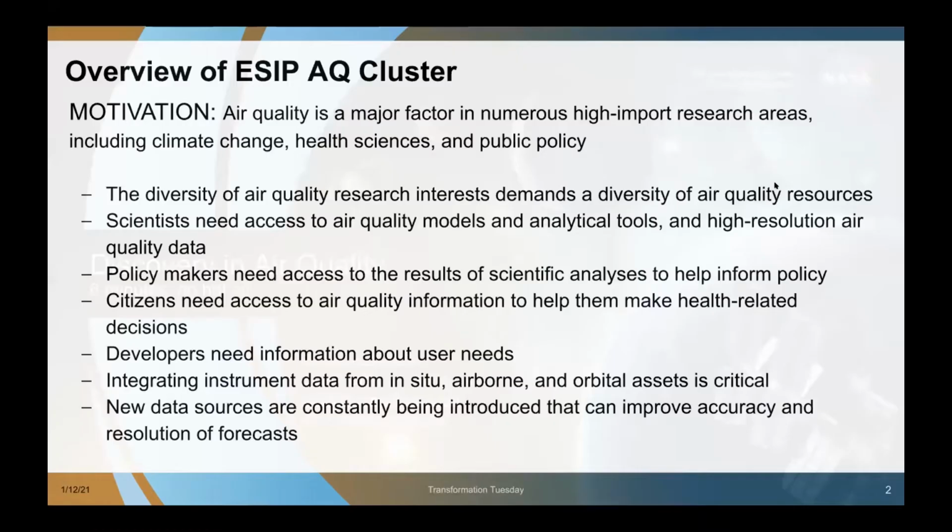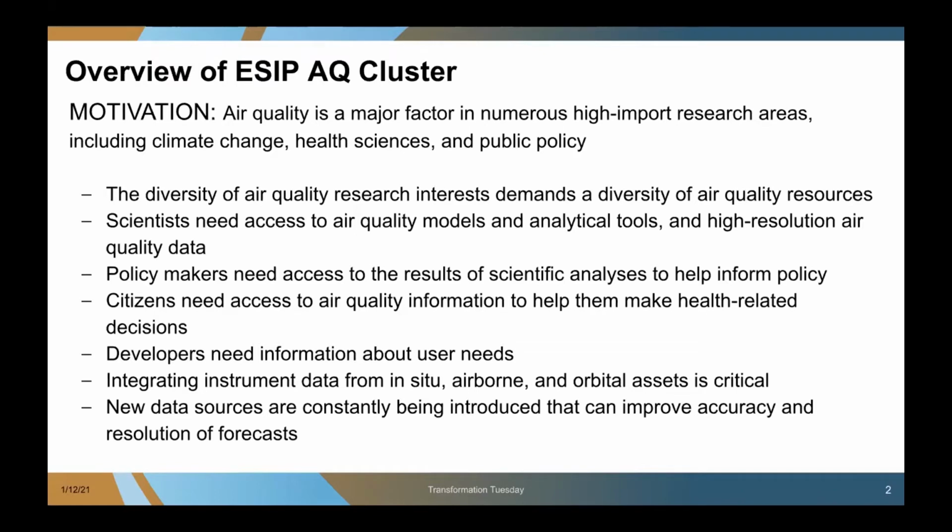The air quality cluster is motivated by the fact that air quality affects all of us. In some areas, it's even more impactful than a lot of the other features of the environment. And that's the reason that there are air quality sensors on the roof of the US Embassy in Beijing. But the air quality community, the end users of air quality data and tools and models, are pretty diverse.